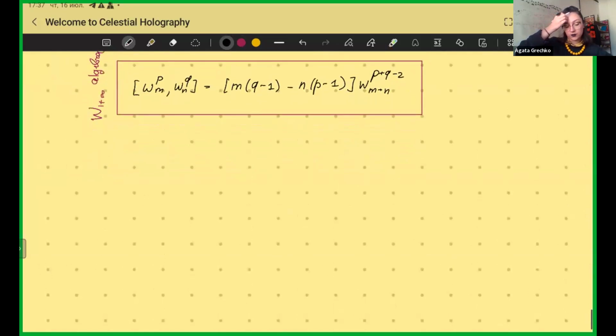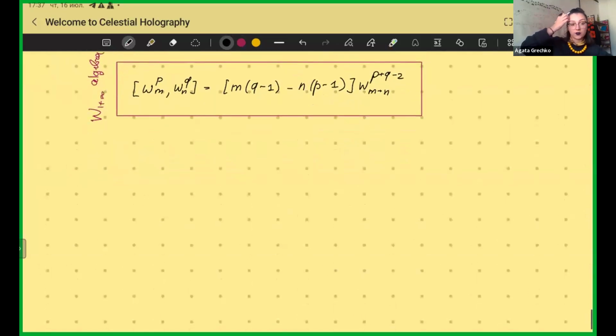So the latter will be based on how I understood the paper. Where is it? I can't find it.